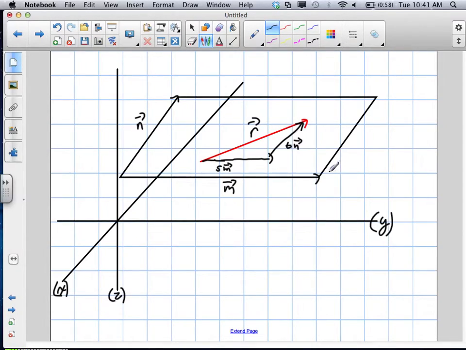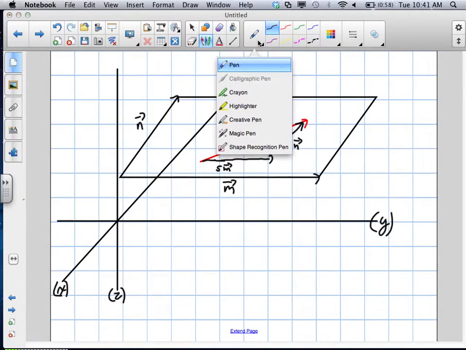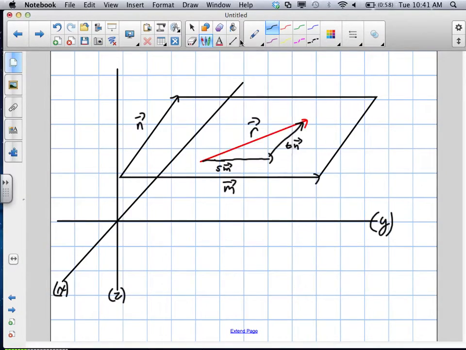Okay. So what we do from there is these 2 vectors, in order to represent the plane, we set them up as directional vectors. Okay. So our direction vectors here, I'm going to call vector m. We're going to say it's a little over the horizon, just to help us out. Sorry. And direction vector n.